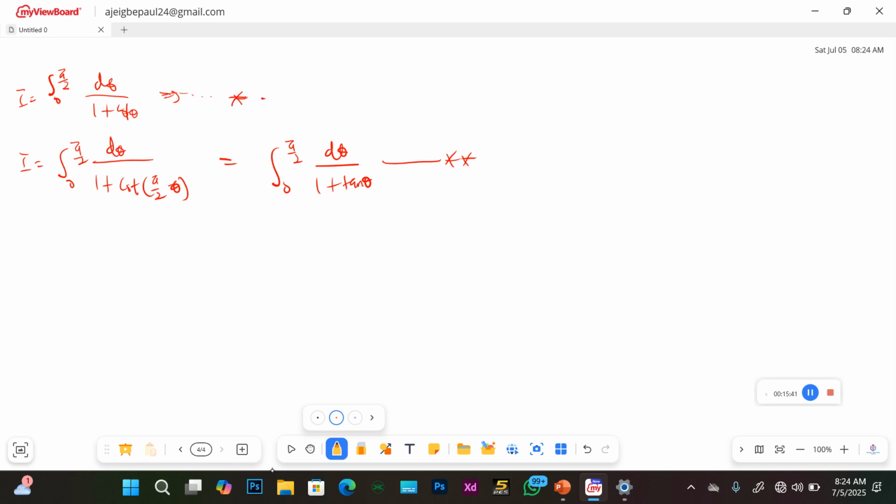Now adding this integral and this integral together, I'm going to have 2I, because I plus I gives us 2I. Then add this integral and this integral together also. That is the integral from 0 to pi over 2 of d theta over 1 plus cot theta, plus the integral from 0 to pi over 2 of d theta over 1 plus tan theta.